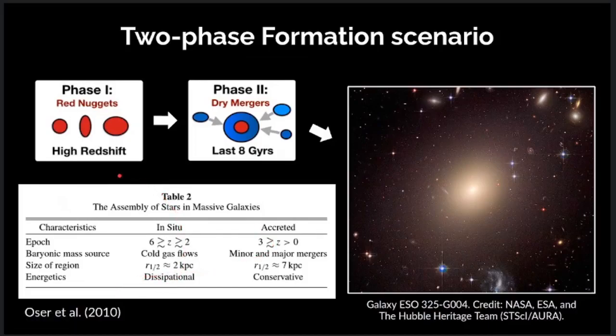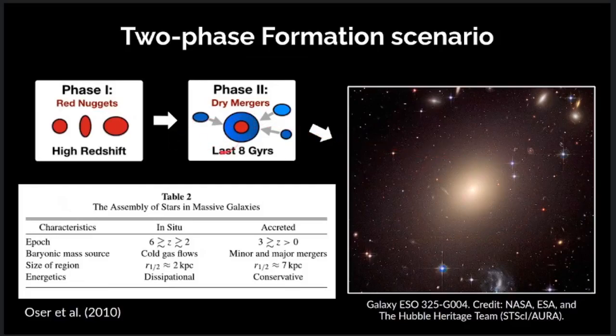So the stars form a very dense core. After the creation of this first core, which is sometimes called a red nugget when observed at high redshift, there is the creation of the outer parts of the early type galaxy, like this one.